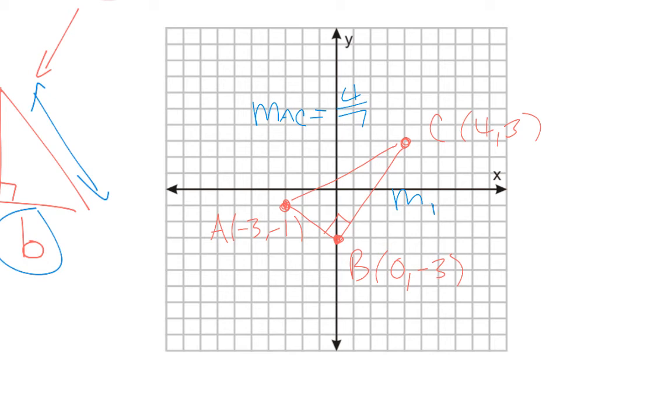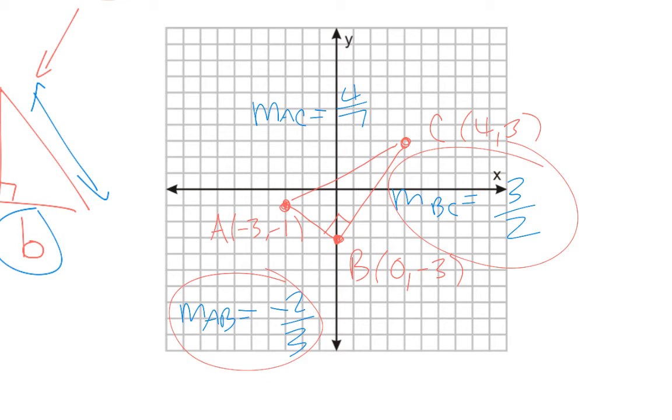The slope of BC turns out to be 3/2, whereas the slope of AB turns out to be -2/3. Since the slopes of AB and BC are negative reciprocals, that means these two lines are perpendicular, which means they meet at a 90-degree angle.